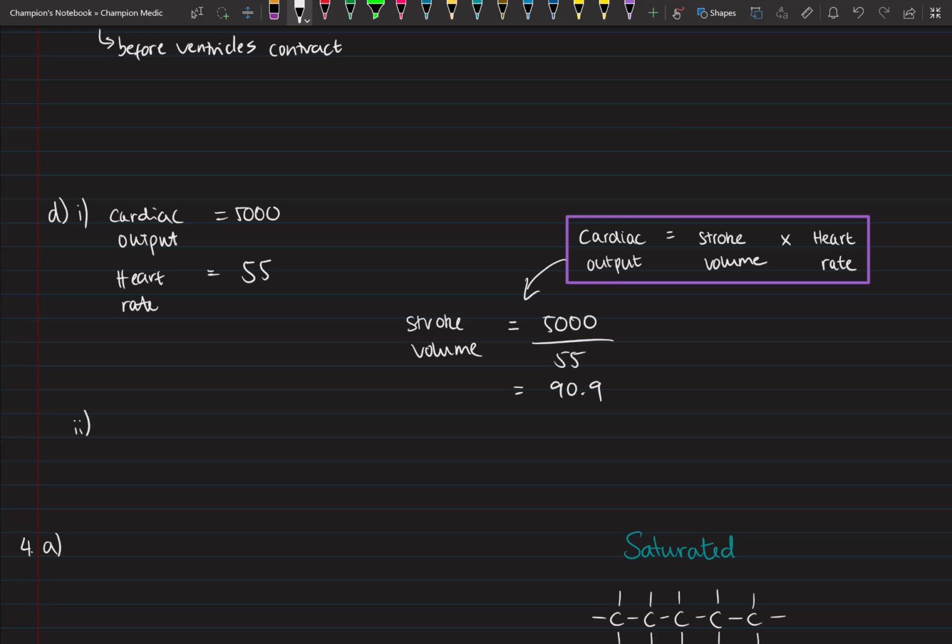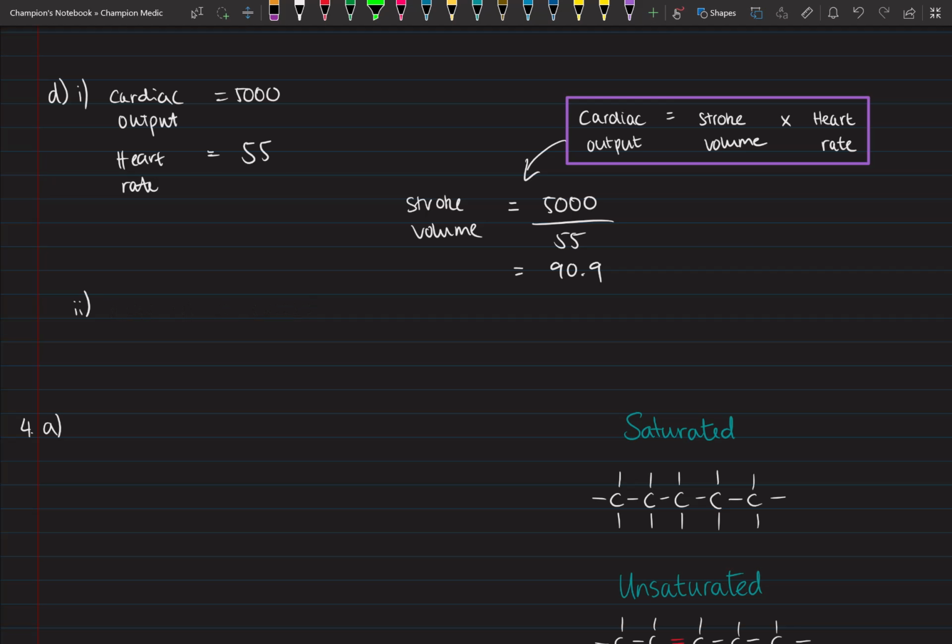One thing I just want to say is make sure that you learn the equation in the purple box off by heart, because I don't think the exam gives it to you, does it? No, it doesn't. So it's a simple equation, but you don't want to lose 2 marks on a relatively easy question. So I'd recommend that you learn it. Part 2.